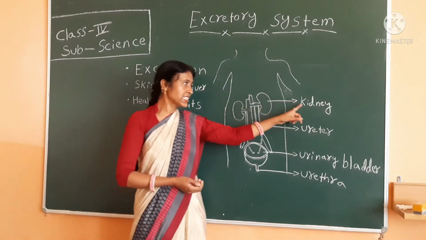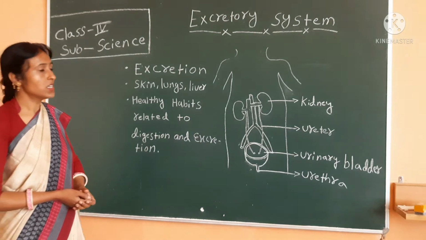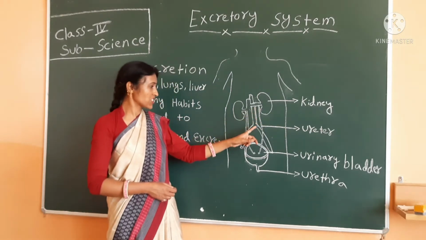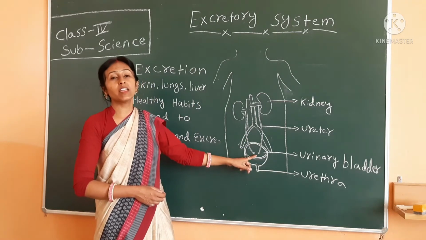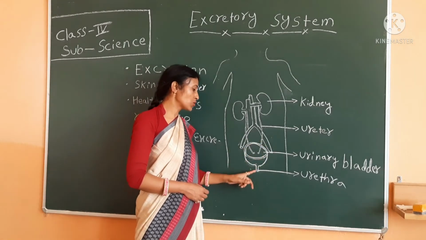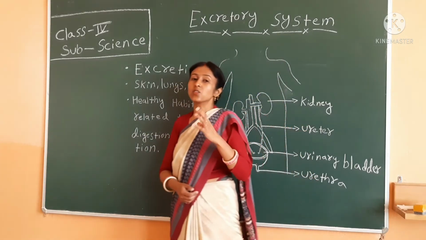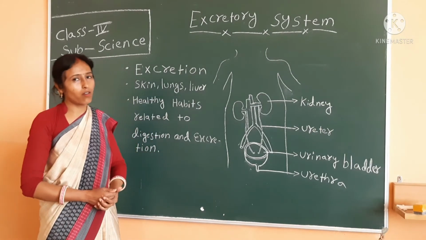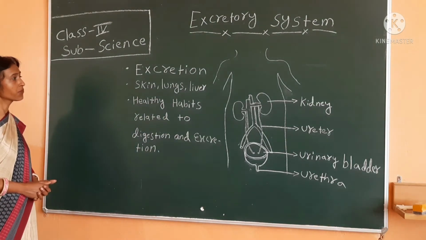Okay, so the kidney extracts this urea in the form of urine from the blood, and through the help of the ureter, this tube-like structure, this urine is stored in the urinary bladder, and after that the urine is passed through the tiny hole named urethra. So all these organs are involved in our excretory system to pass out the urine from our body. Okay, so this is all about the excretory system.